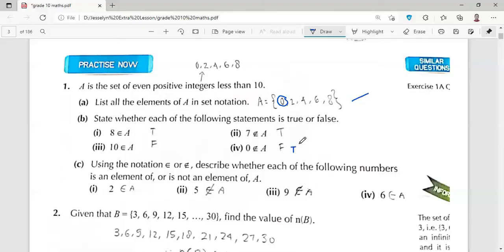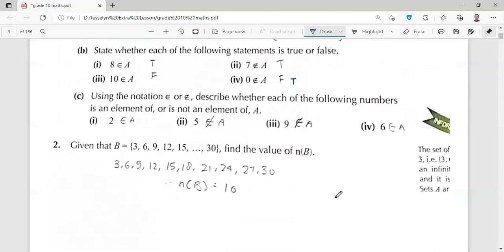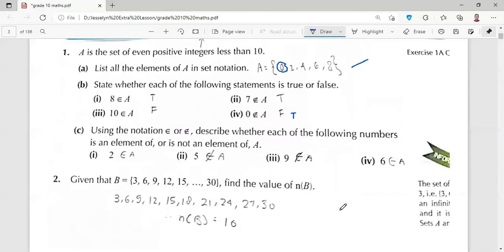Okay, proceed to letter C. Using the notation element or not an element, describe whether each of the following numbers is an element of or is not an element of A. Let's take 1I. 2 is an element of A. Yes, that's correct.